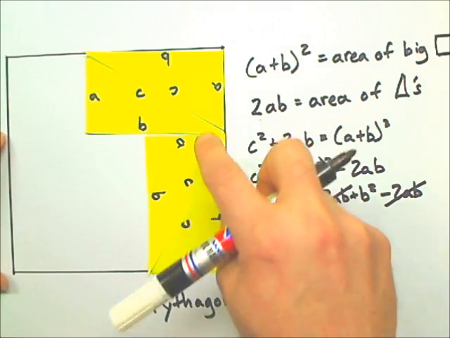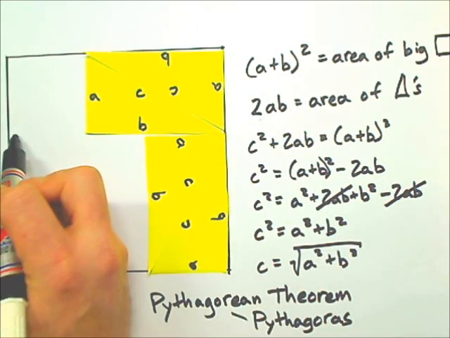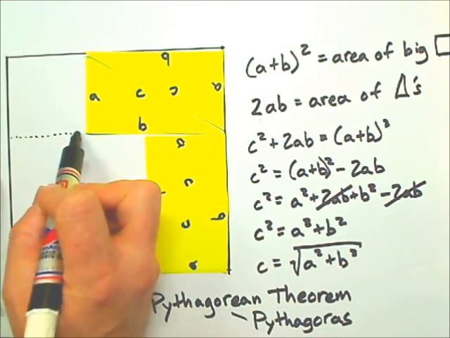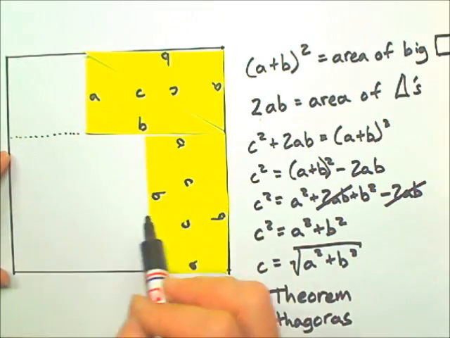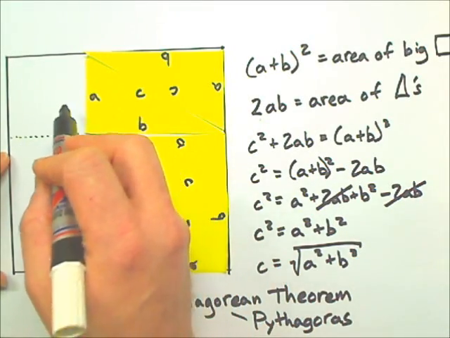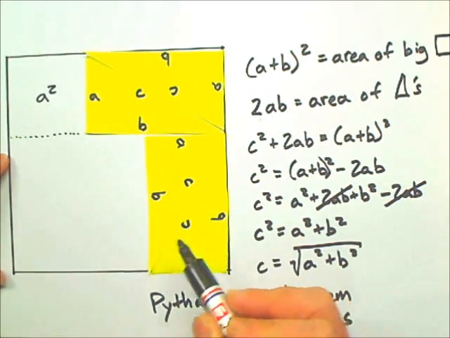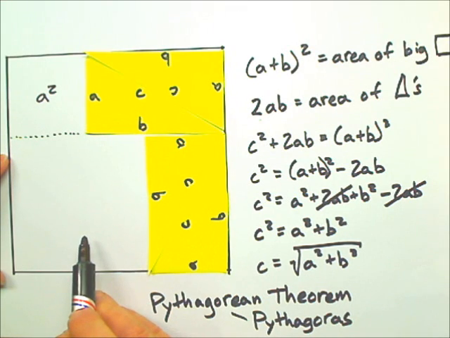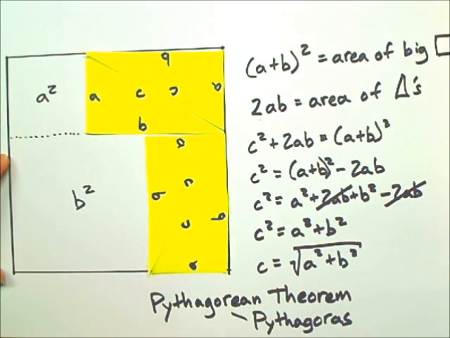Notice that we now have the space that's not covered with triangles. If you make a little dotted line here, there are two squares here. And look at this. The side of this square is A, so this area is A squared. And the side of this square is B, so this area is B squared.